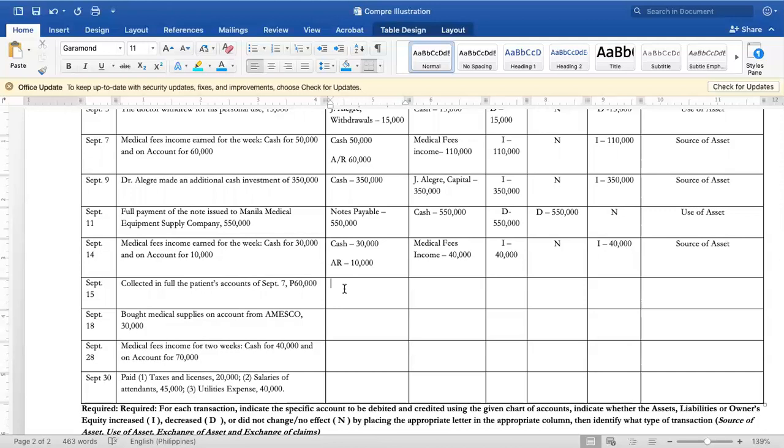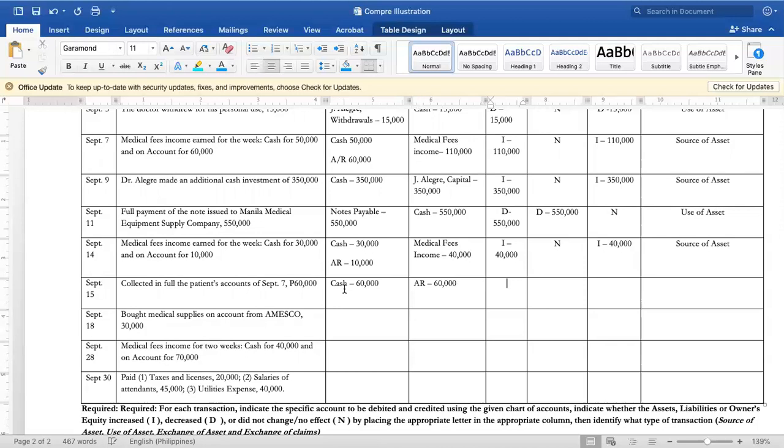Diba? Ang 60,000 nga atong gipautang. Therefore, in the transaction, unsa atong na-receive, unsa atong i-debit, cash, nakakolekta worth 60,000. Unsa atong i-credit? So, atong i-credit ang utang ni customer. So, that is the accounts receivable worth 60,000.